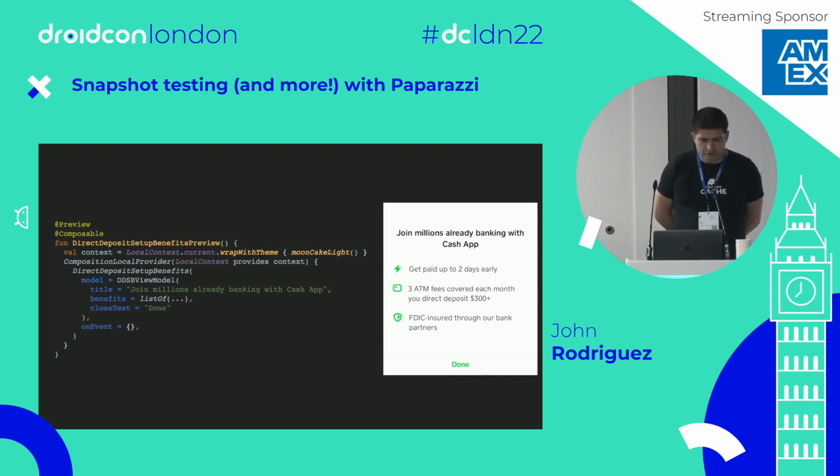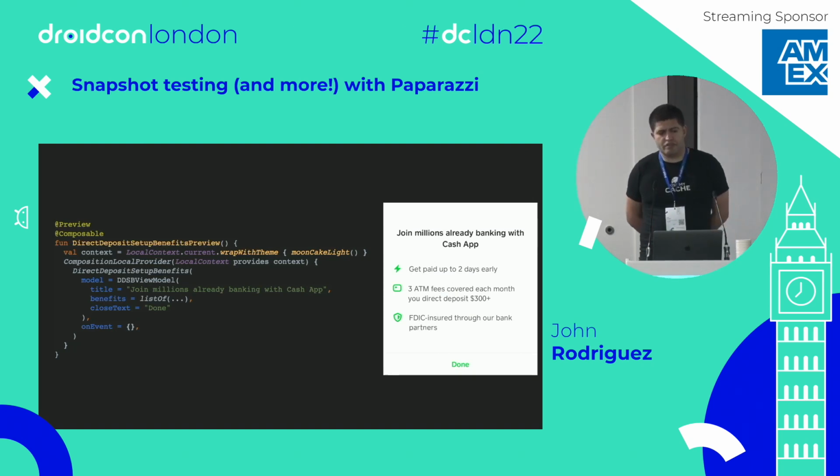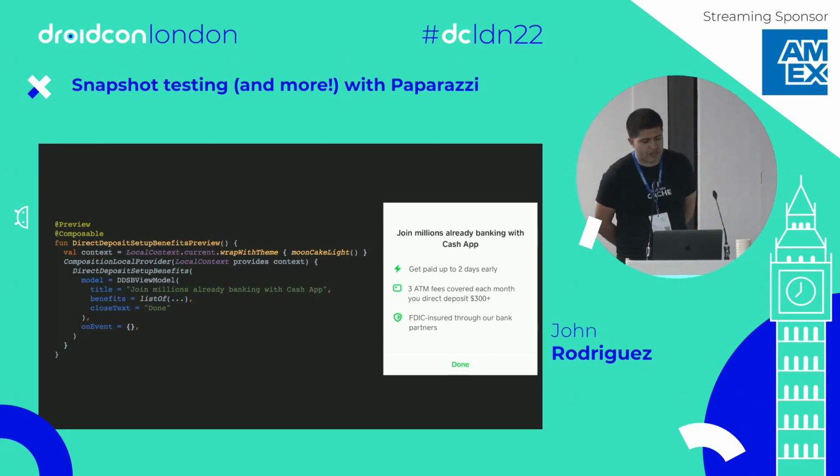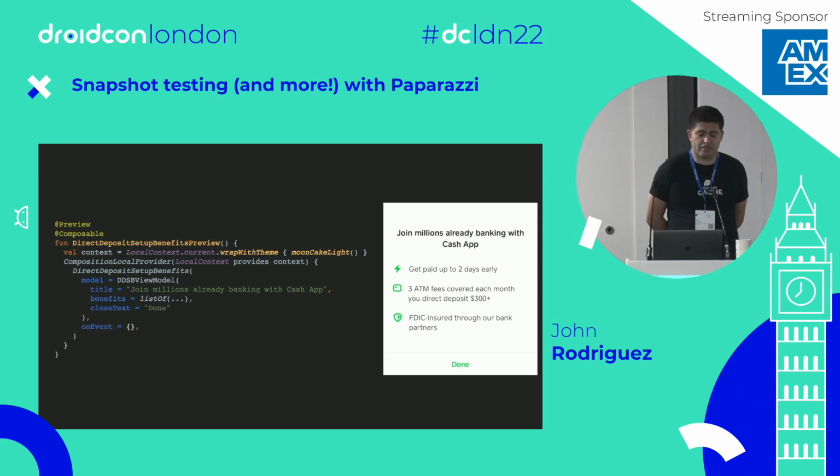Let's talk about some future things for Paparazzi. Despite the fact that preview itself tends to render slow in the IDE, at least we've been experiencing that on Cash App, we're about 800 modules in a big team, so it could be just a scaling issue.